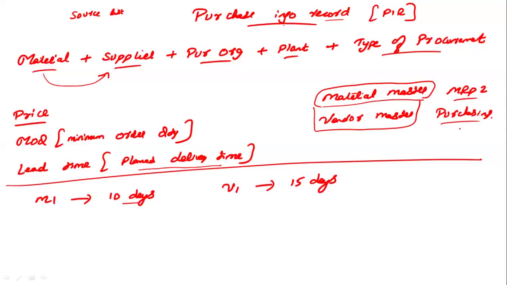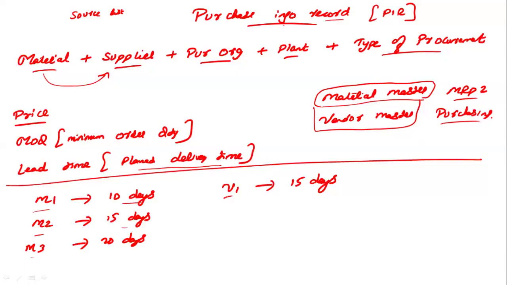Okay. Now, when you are buying the material from this vendor, so let me take another example. Let me take M2 also. He is telling 15 days. M3, he is telling 20 days. Okay. In each and every material, you can have different lead time.